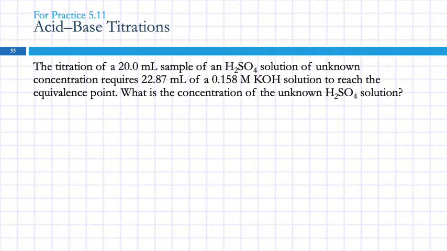And we don't need to be super careful and write all the state symbols or anything. We just need to get the formulas. So we've got H2SO4 and we've got KOH. And those are going to react and form something. How do we figure out what they make?